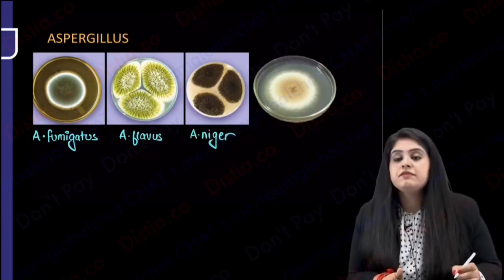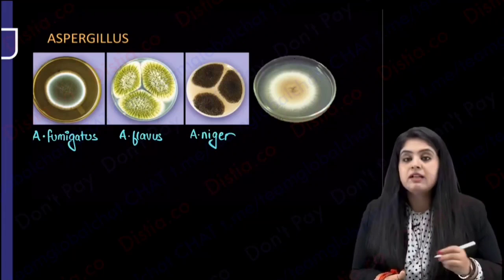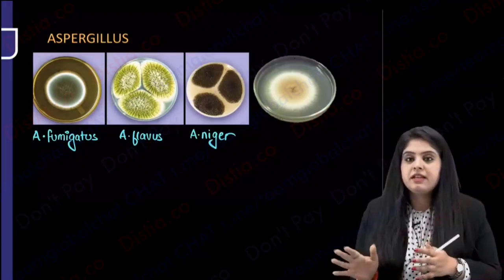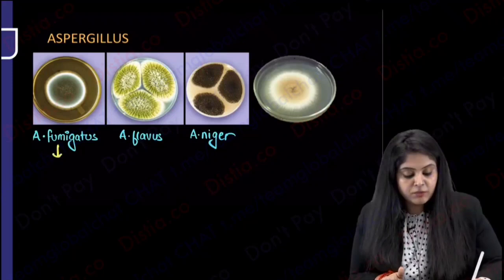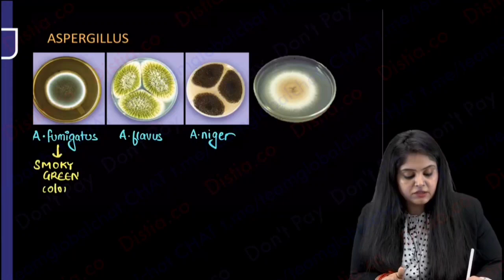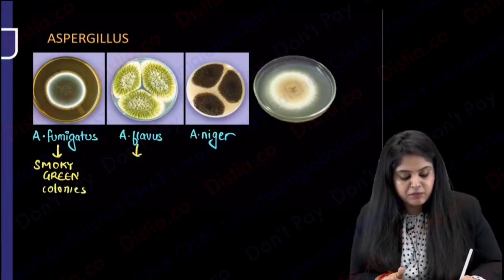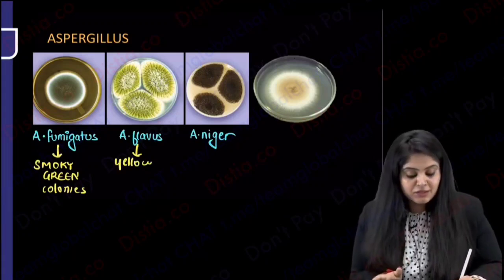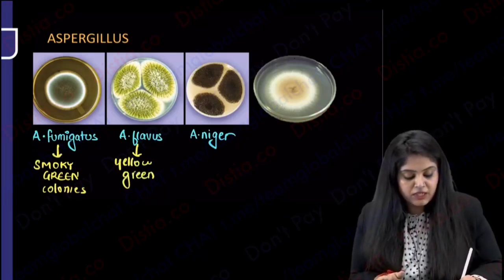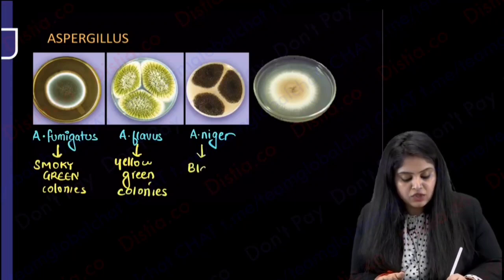There is also another form, but that's very rare, so first we'll focus on these. Aspergillus fumigatus shows smoky green colonies. Aspergillus flavus, some people say, looks like a slice of kiwi fruit, with yellow-green colonies. And Aspergillus niger shows blackish colonies.